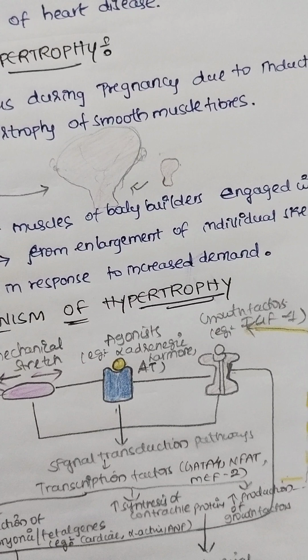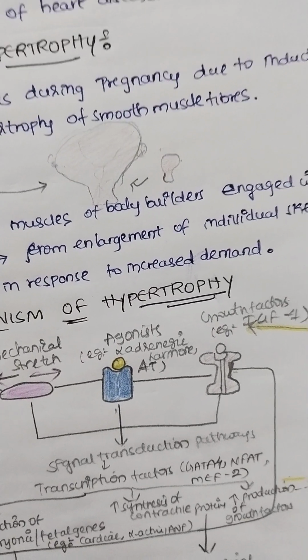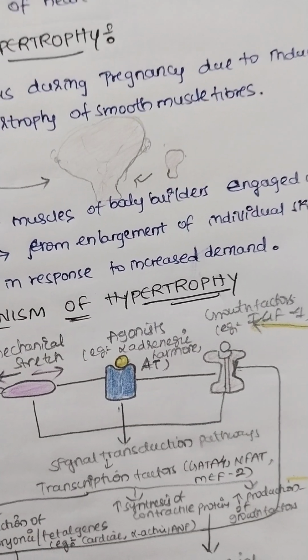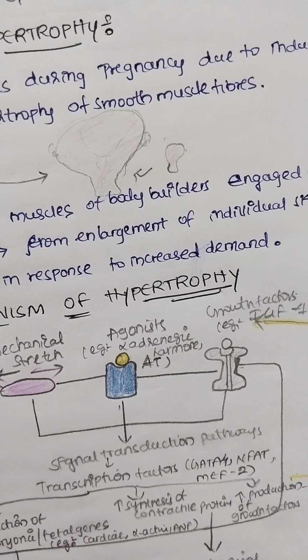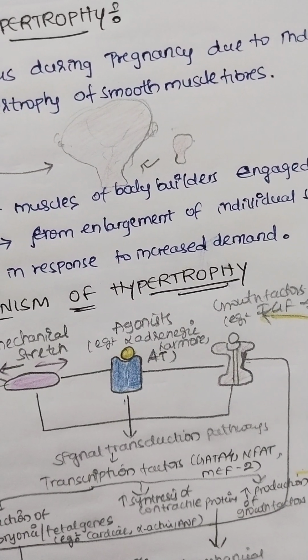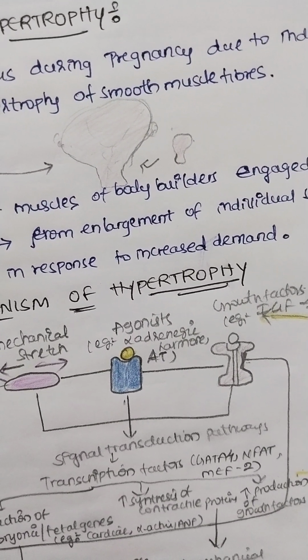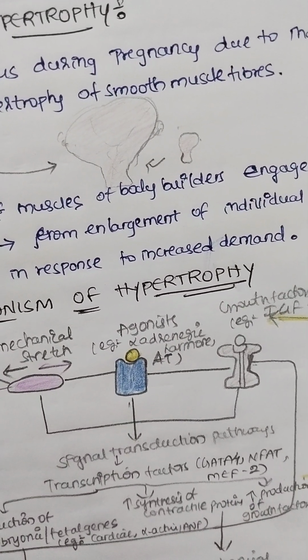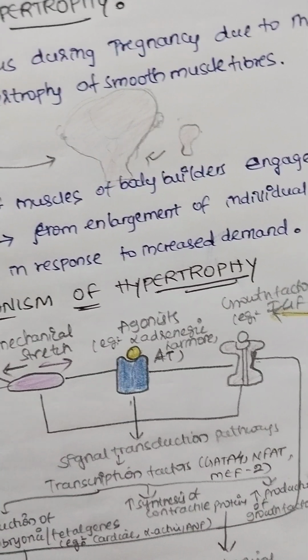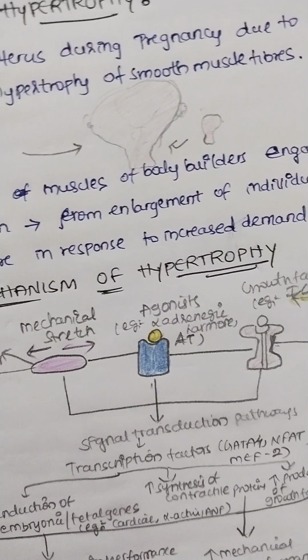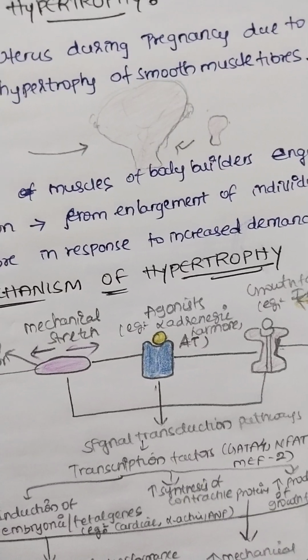Transcription factors like GATA4 will be acting with the receptors present in the DNA, along with nuclear factor of activated T cells and myocyte enhancing factor 2. These transcription factors will be released, and they will help in increasing the synthesis of the contractile proteins.